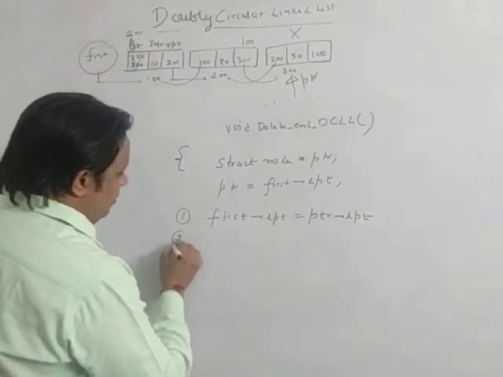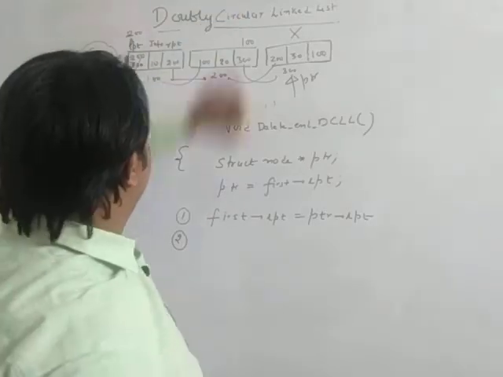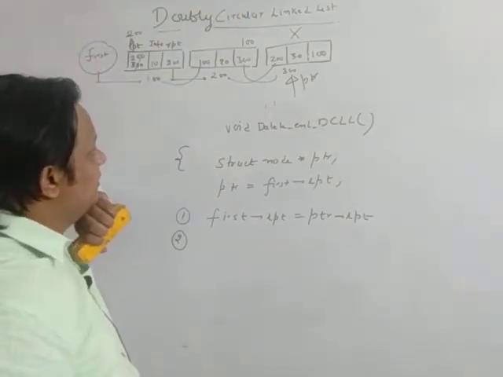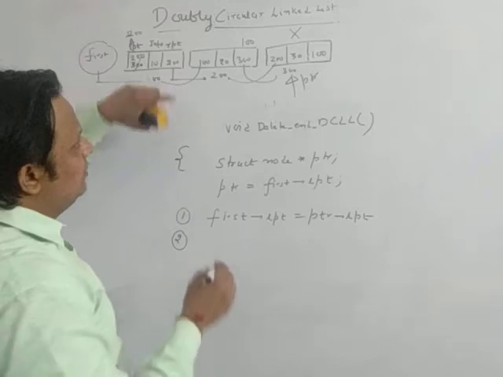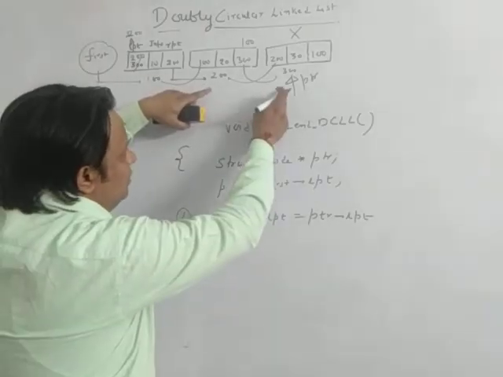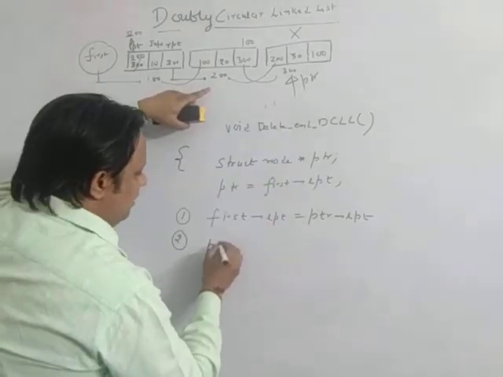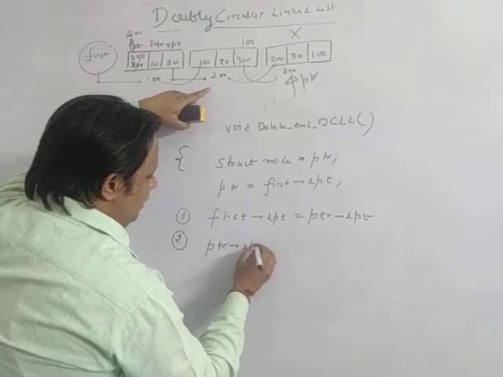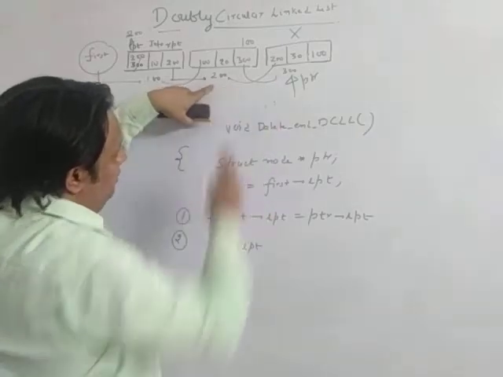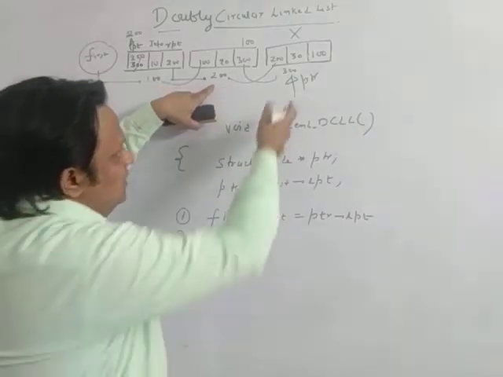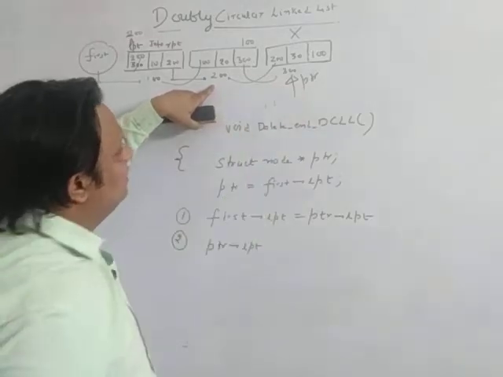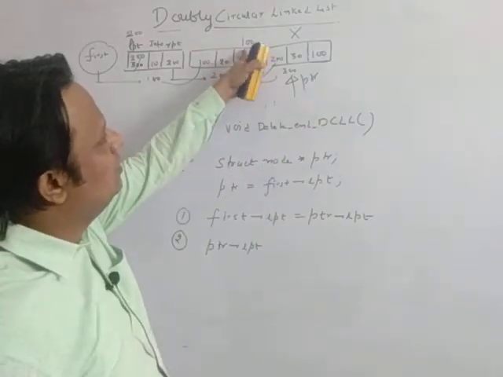Second change, I need 100 here. So how can I get the 100 here? 100 means you want this 200. So what I will do, I will write PTR arrow LPT. PTR arrow LPT will give me this node, just one node behind this. And I want to change this block to 100.